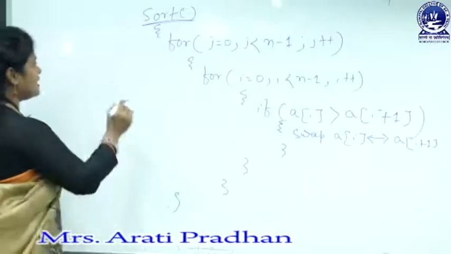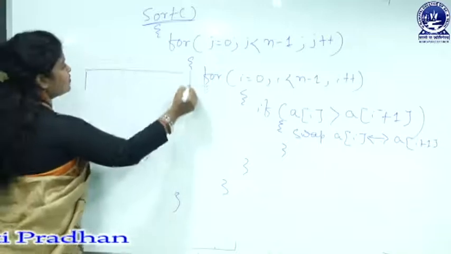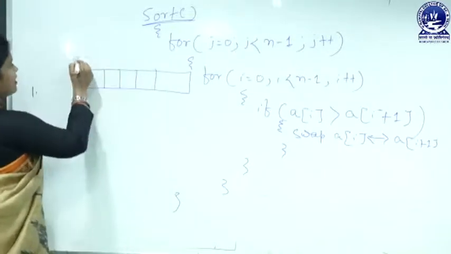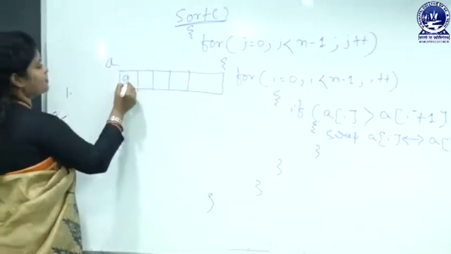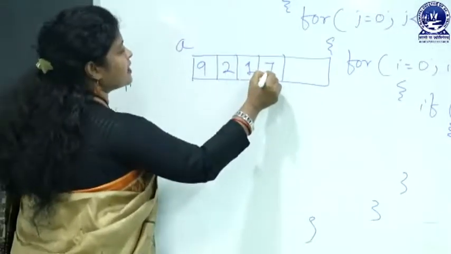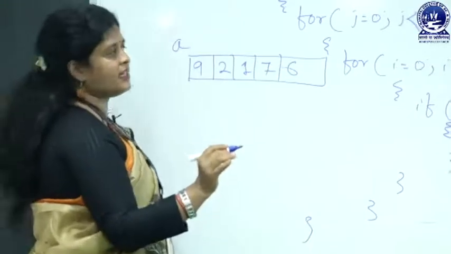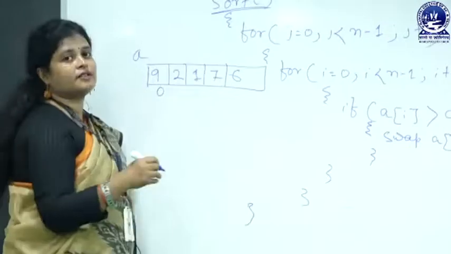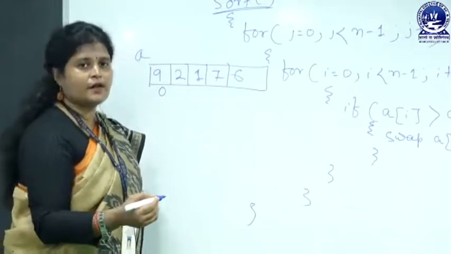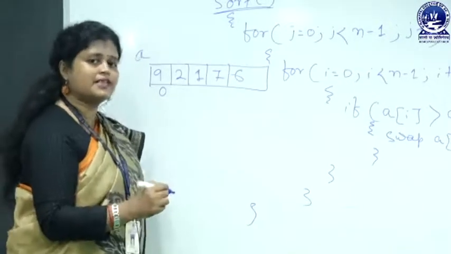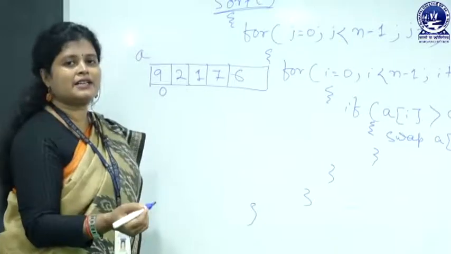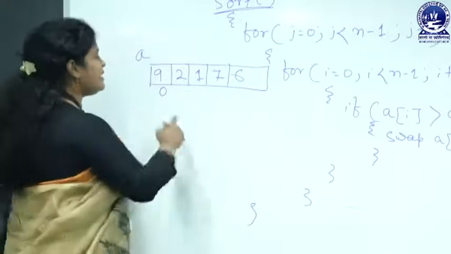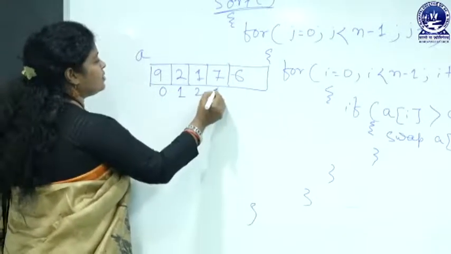Let us assume that the list consists of 5 elements. Suppose the list name is A and the list consists of 9, 2, 1, 7, 6, you may enter any number. Then j equal to 0. When you start writing the program, obviously the first index value is 0, but at the time of explanation you may say it is 1, no problem theoretically, but practically it is 0, 1, 2, 3, 4.